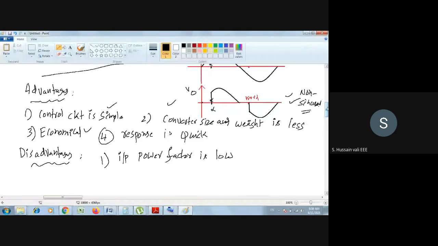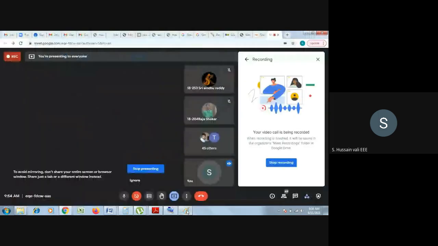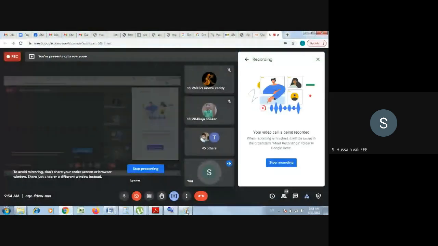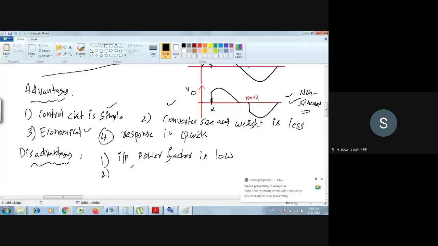Another disadvantage is that the efficiency is low. Why is the efficiency low here?